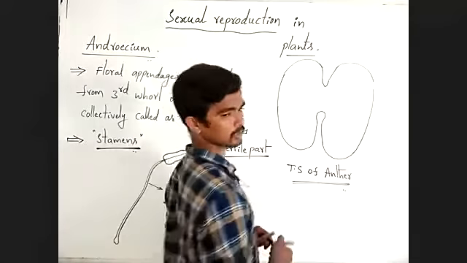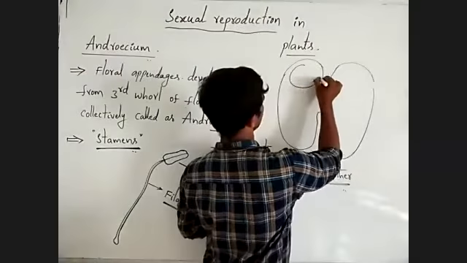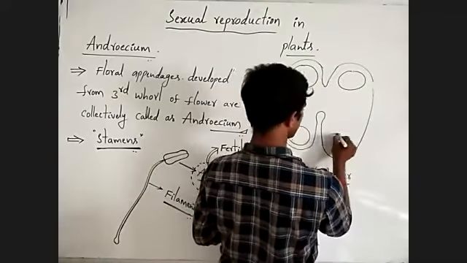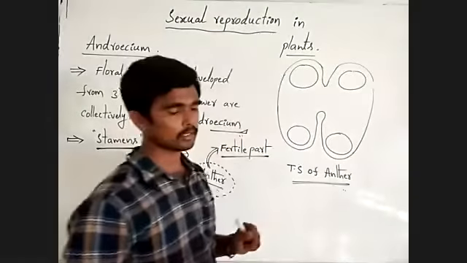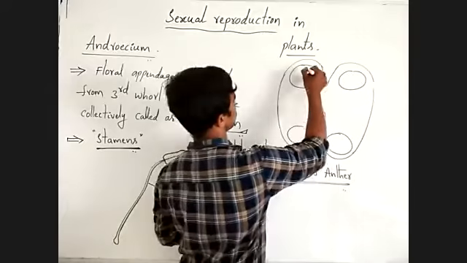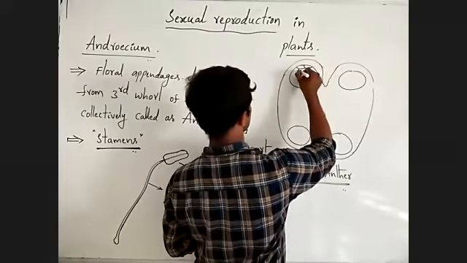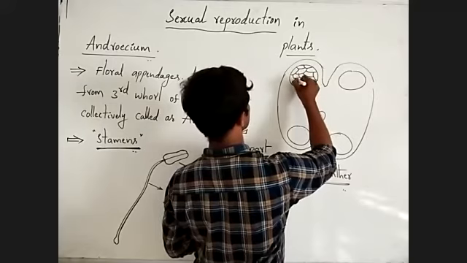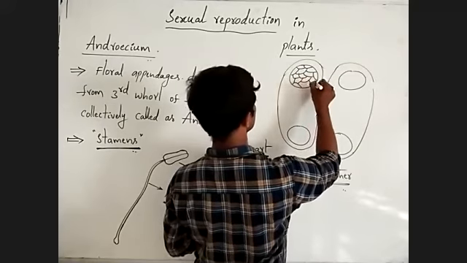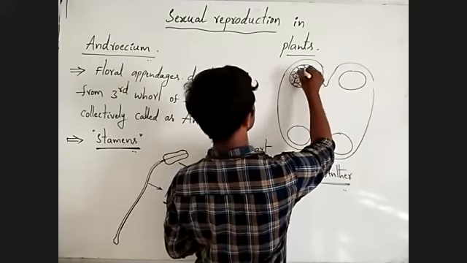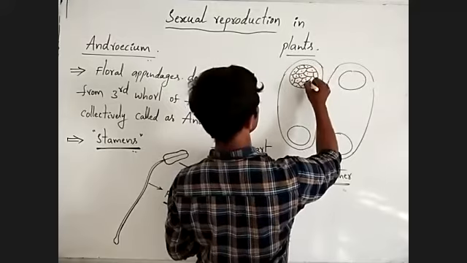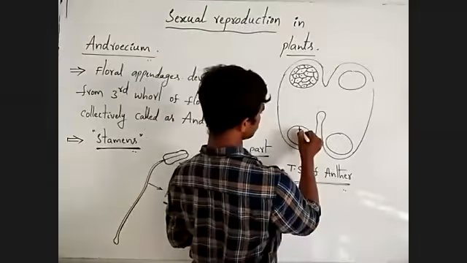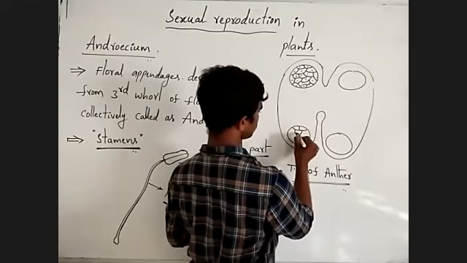Next, when we observe the anther, at each corner, specialized cells are present like this.